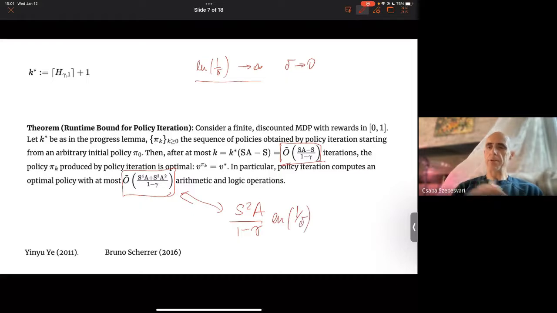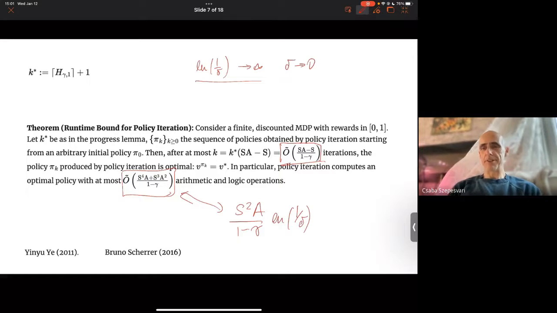And this tells you everything that people ever said about the relation between value iteration and policy iteration and more. So for really, really high accuracy, policy iteration definitely wins because this is unbounded.